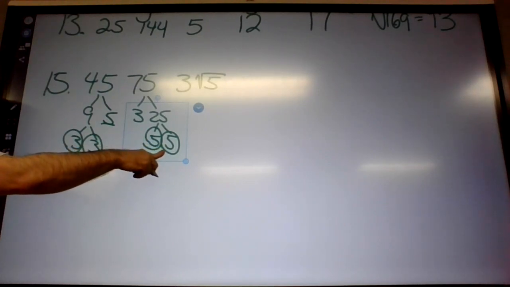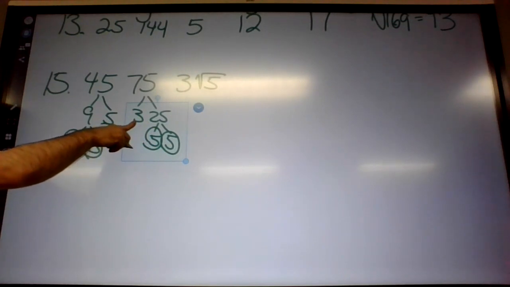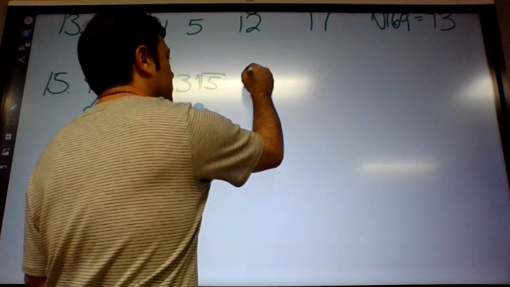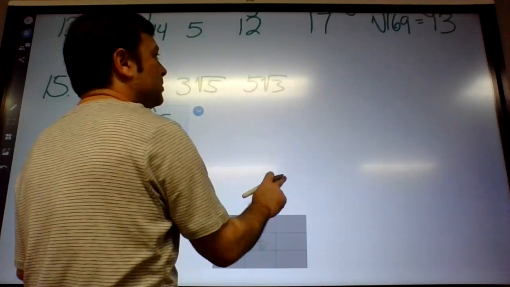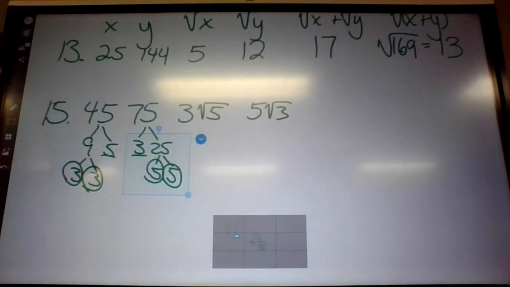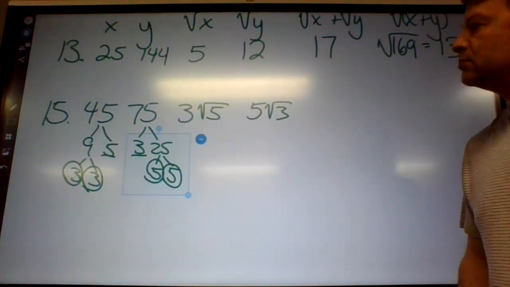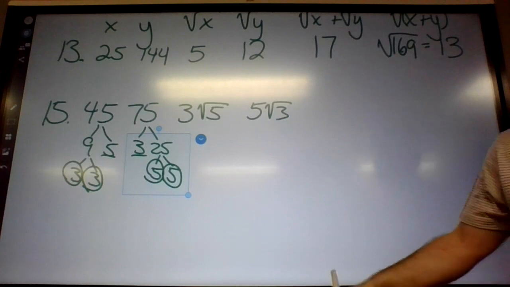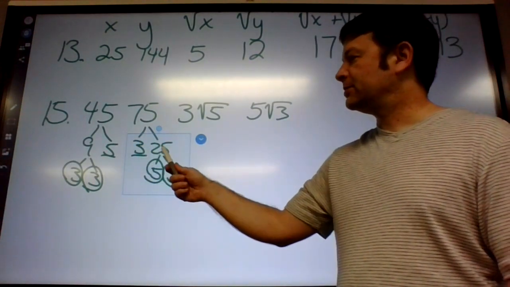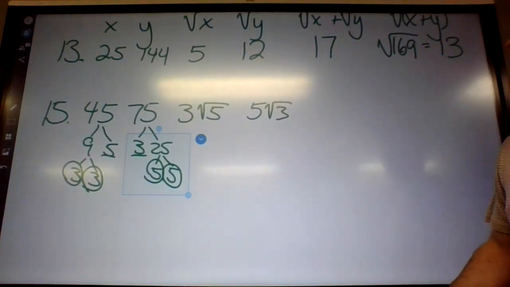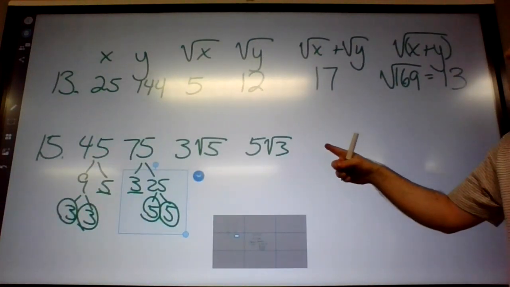So it's 5 square root of 3. Oh, well, you mean right here, 5 and 15? Yeah. Okay, I was asking, yeah, okay, anyways.